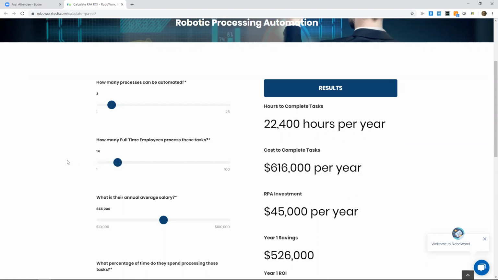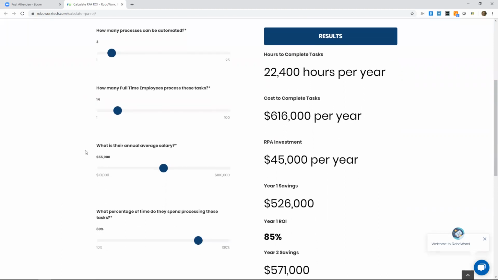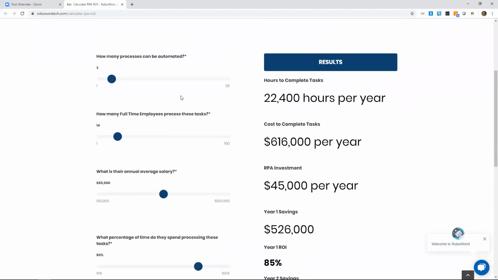Again, the robot is working 24/7, 365 in milliseconds. So imagine how many processes he could process. So you're looking at how many processes, how many employees are working on it right now, what their average salary is, and what percentage of time they're spending, right? And basically the whole idea of this left portion of the calculator is to get you this. How many hours per year is it taking right now?